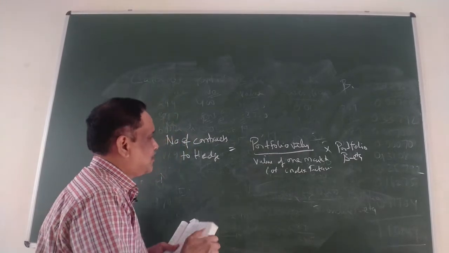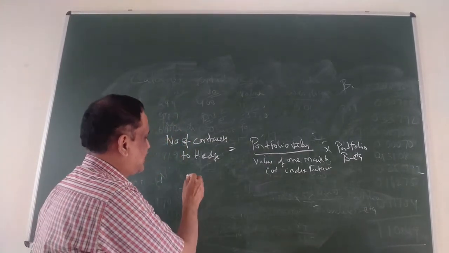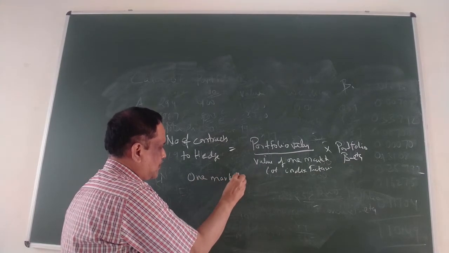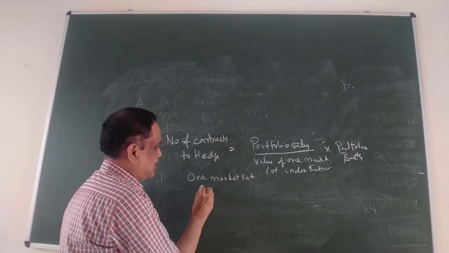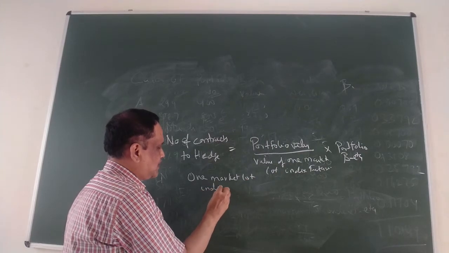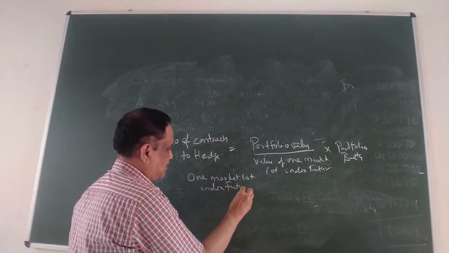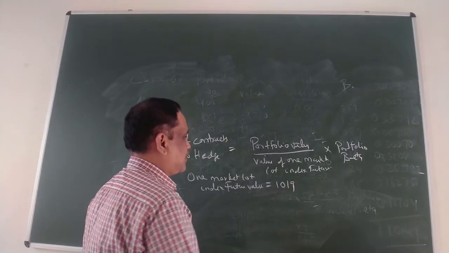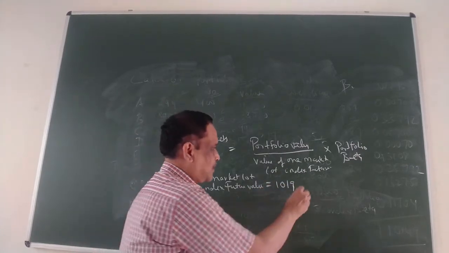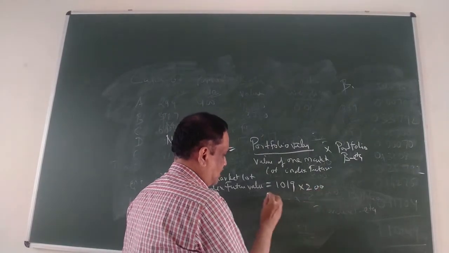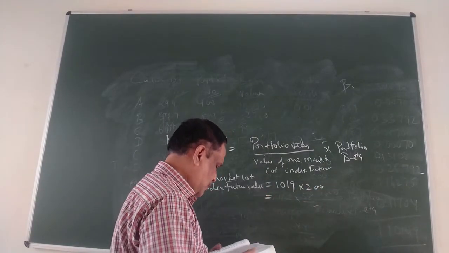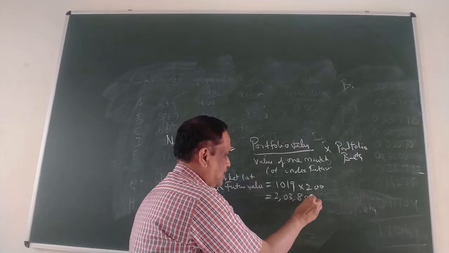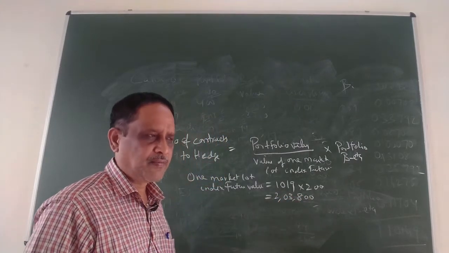So one market lot index future value is 1019. The market lot is given as 200, so 1019 into 200 would be 2,03,800. Now we just apply in the formula.